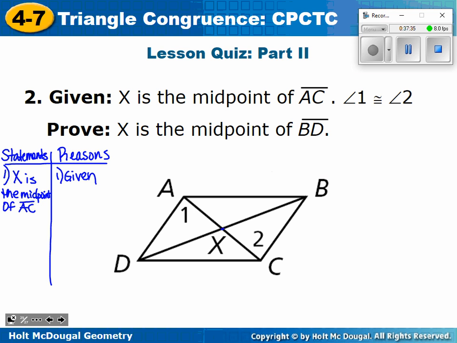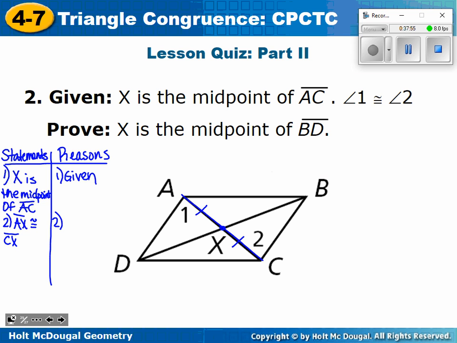Okay, guys, if X is the midpoint of AC, what did that tell us? AX is congruent to CX. Questions on how Anna got that? Okay, so number 2, AX is congruent to CX.